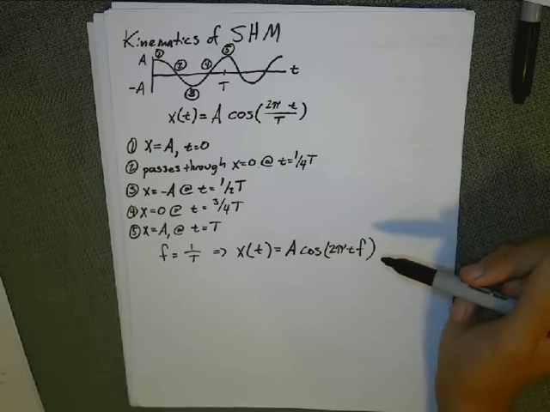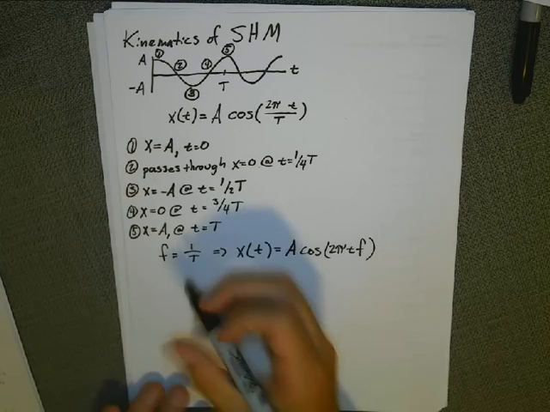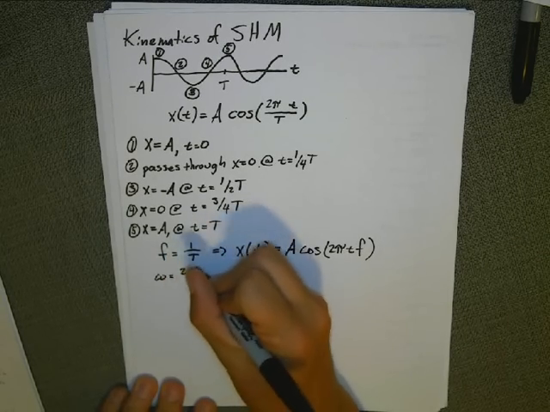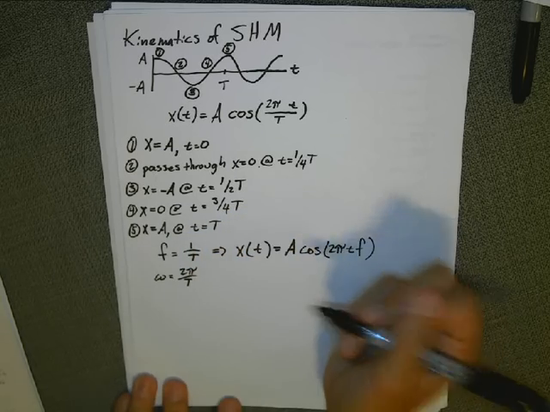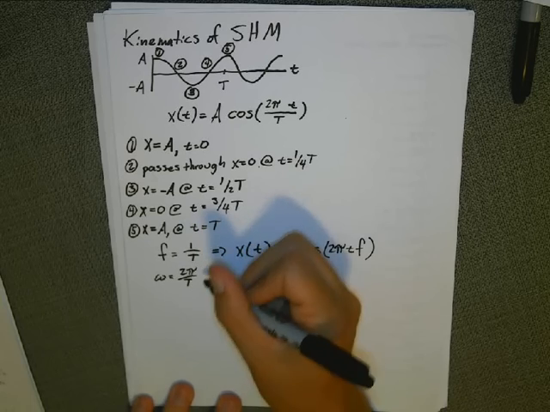Now we also know from chapter 7 that omega is equal to 2 pi over T. This is the angular velocity in chapter 7. In this chapter, we're going to call it the angular frequency.